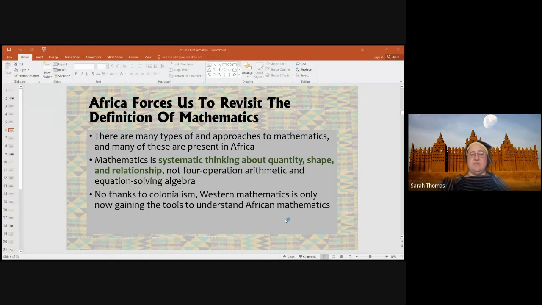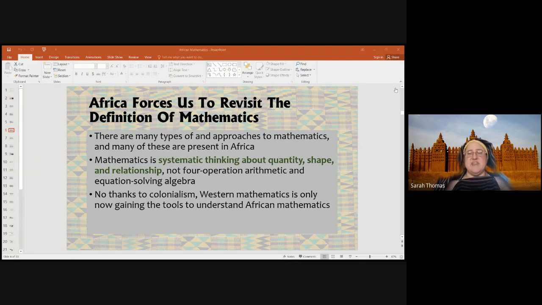Those are being more considered than just techniques and solving equations and particular mathematical procedures. So we're starting to shift the thinking on that in the education part of mathematics. It still has not shifted in the general popular culture. But it is thinking systematically about quantity, shape, and relationship.